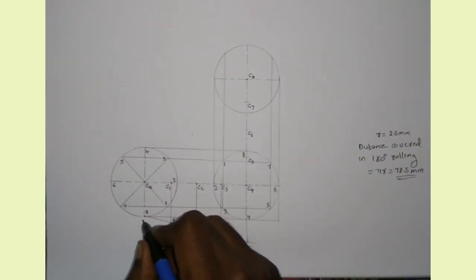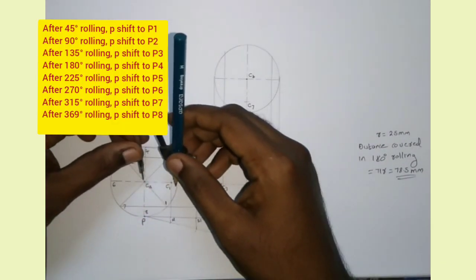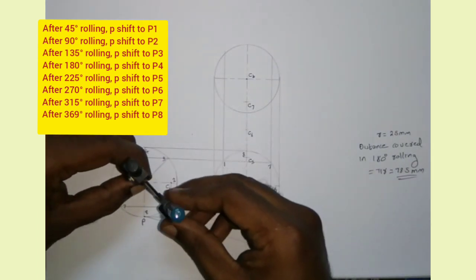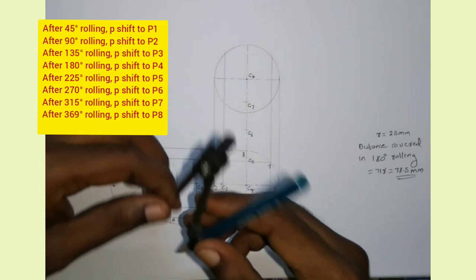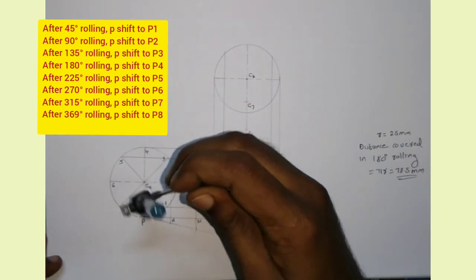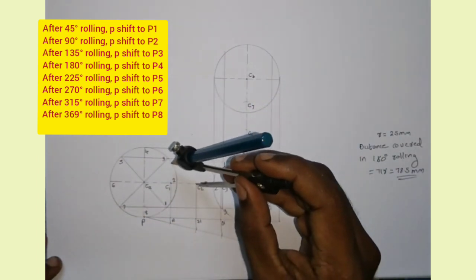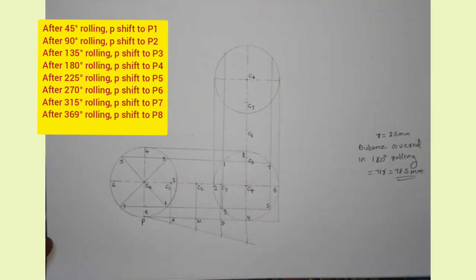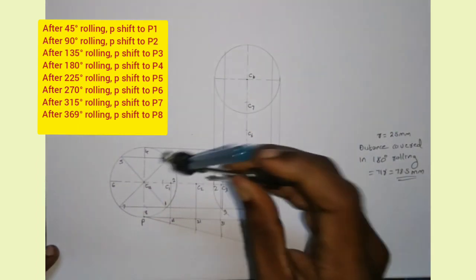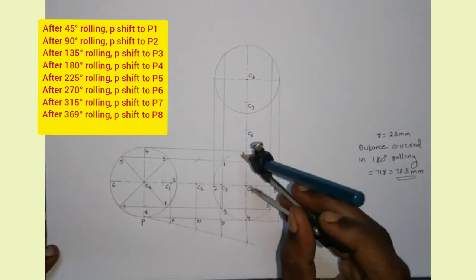Okay, now I am marking the initial position of point P, that is the bottom point of the circle touching the floor, and I am measuring 25 mm on the compass. And from C1 I am cutting an arc on the line through point 1. That is the position of point P after 45 degrees of rolling. And now from C2 I am cutting an arc on the line through point 2. That is the position of the point after 90 degrees of rolling.